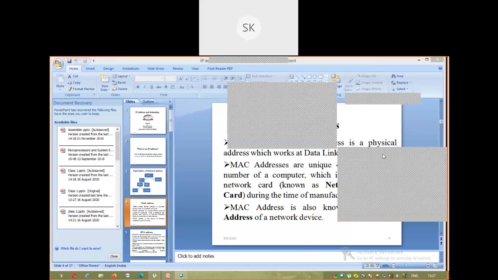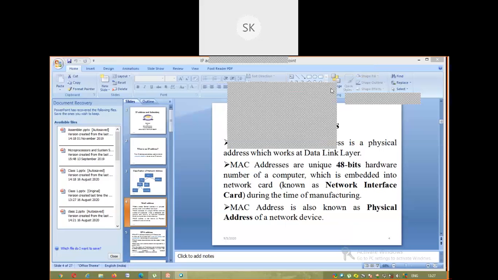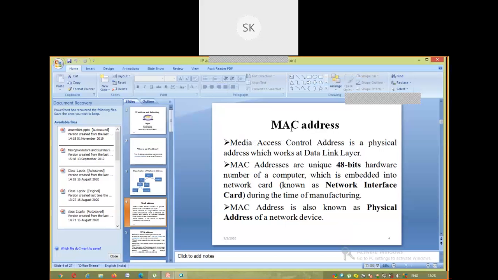Okay, listen. We are discussing the MAC address. A MAC address is the address of hardware. Every computer has some physical component.